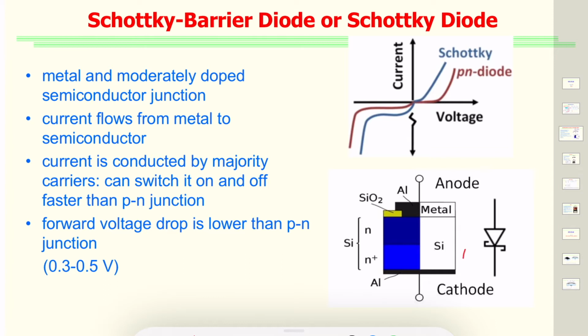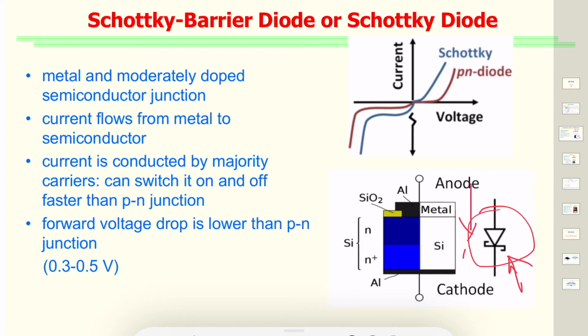So this resulting metal-semiconductor junction behaves like a diode. It conducts current in one direction only, from the metal anode to the semiconductor cathode, and it behaves like an open circuit in the other direction. This is the symbol we use for a Schottky diode.